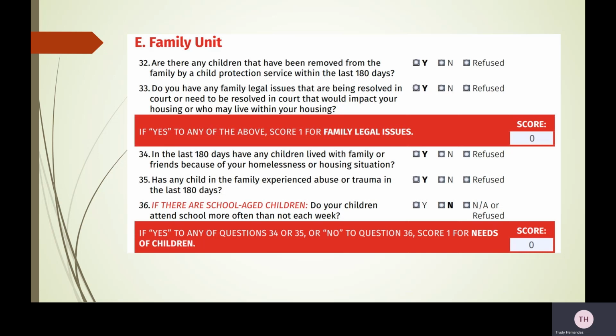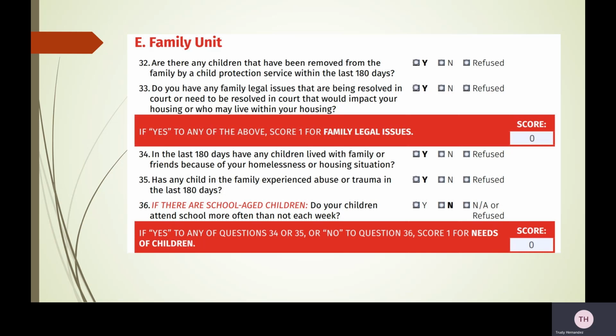Question 32, are there any children that have been removed from the family by Child Protective Service within the last 180 days? 33, do you have any family legal issues that are being resolved in court or need to be resolved in court that would impact your housing or who may live within your housing? If they say yes to either one of those, they would score a 1 for family legal issues.